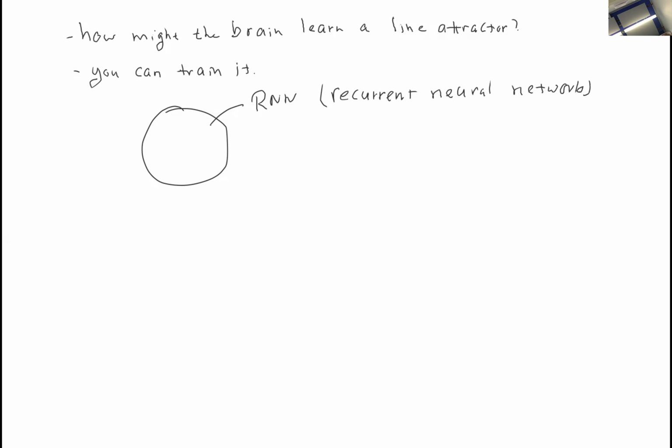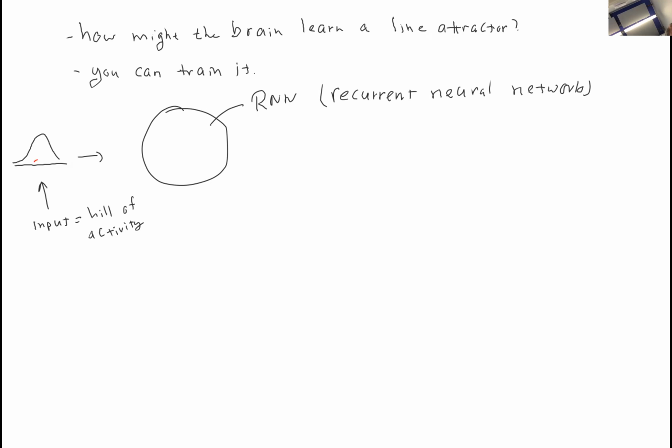So if you train a recurrent neural network, you take as the input hills of activity indicating position. So the input equals a hill of activity, and the hills can be in different places, right?